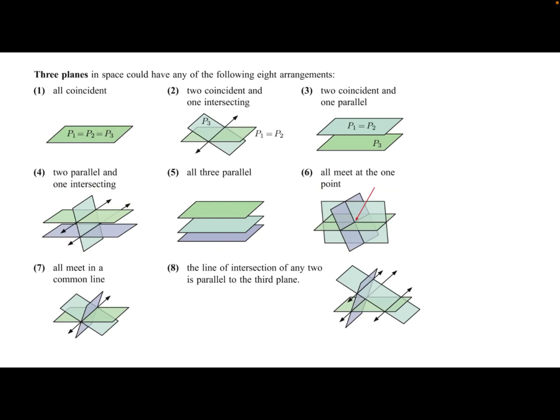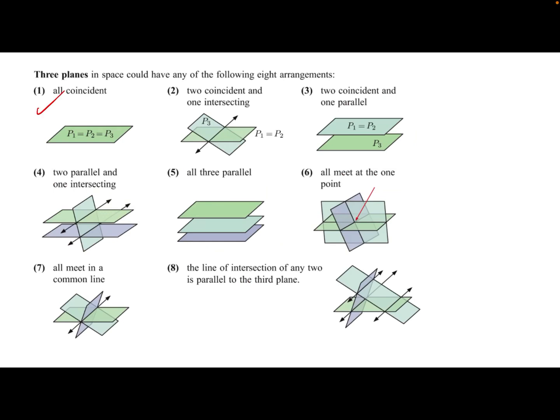Now, if we've got three planes, there's all types of variations of what could be going on. They could all be actually the same plane. Two of them could be the same plane and the other one is not, and it's intersecting. Or two of them could be the same plane and the third one is parallel.